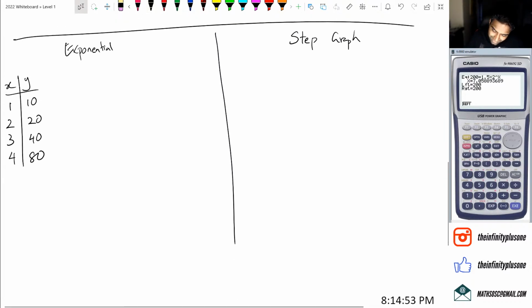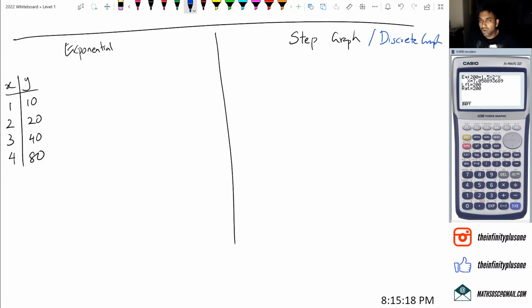Anyway, while you guys are doing the exponential graph, I'll work on the step graph. Now, with the step graph, sorry, Carmel, yeah, you're going to have situations. I'm going to talk about two things here. One is a step graph, and one is a discrete graph. It all depends on your question.